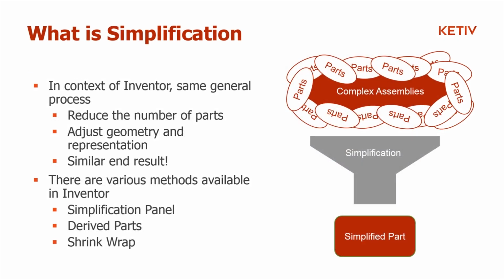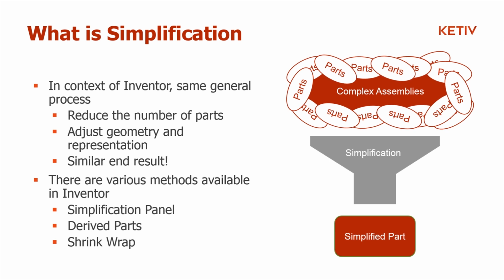That's right. We're talking about simplification. Simplification, in a broad stroke, is about reducing complexity, which is kind of obvious. Specifically in the context of Inventor, however, complexity manifests itself in complex assemblies, as one, the number of parts that you have, and two, the level of detail of your geometry and representation.